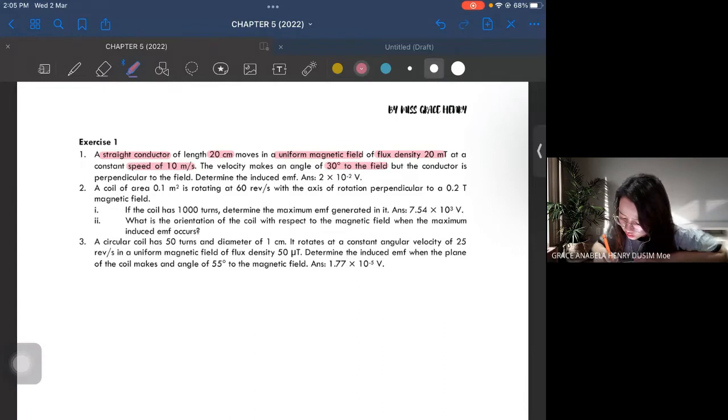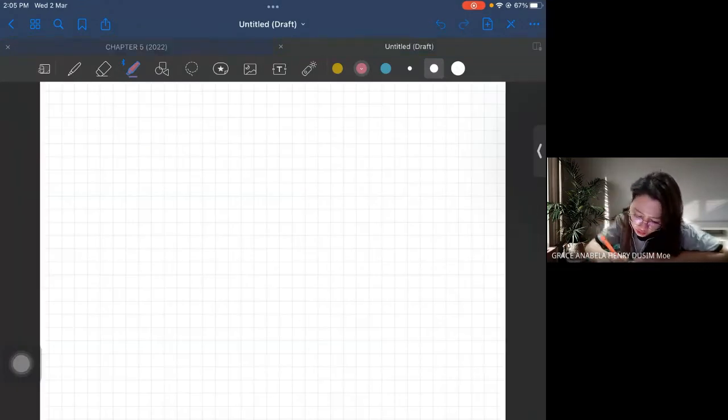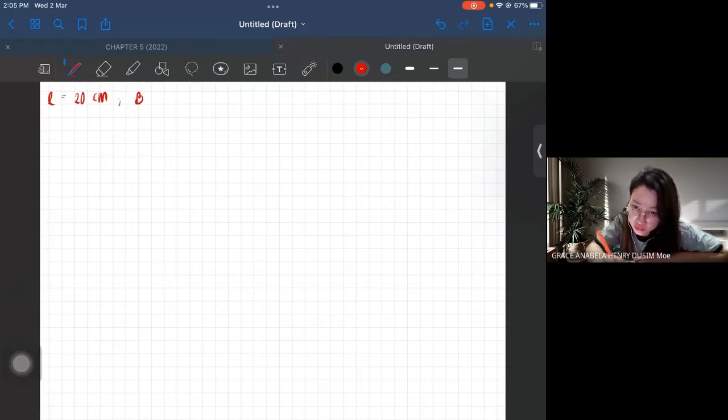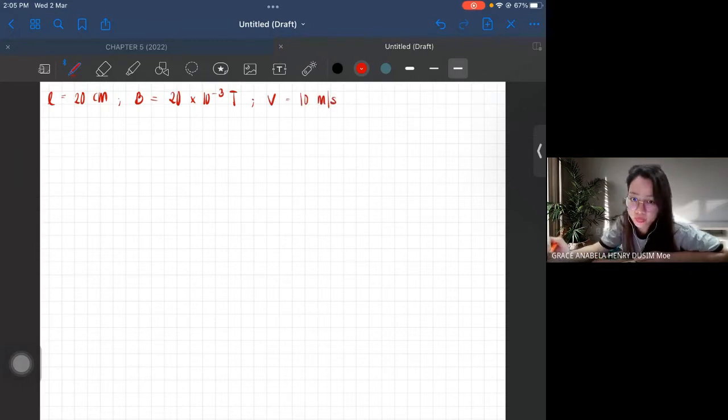Okay, so sekarang velocity to the field is 30 degree, but the conductor is perpendicular to the field. So we have to determine the induced EMF. Okay, so given is the length, which is 20 centimeter, and then magnetic flux is 20 millitesla. Okay, and then the velocity pula 10 meter per second.